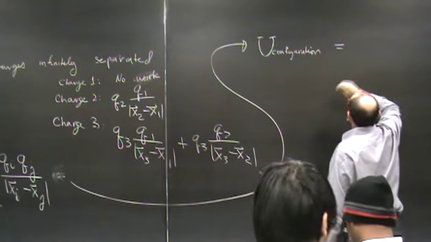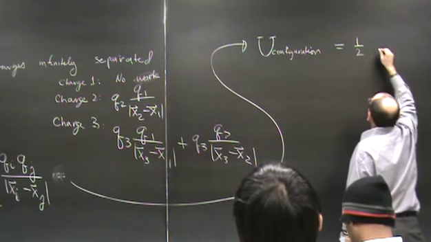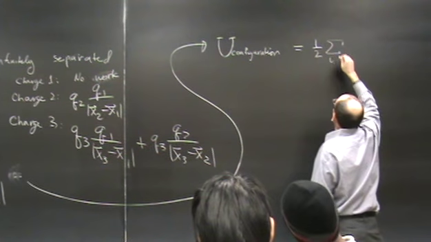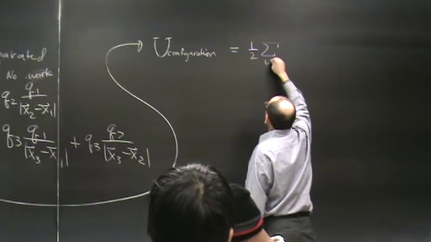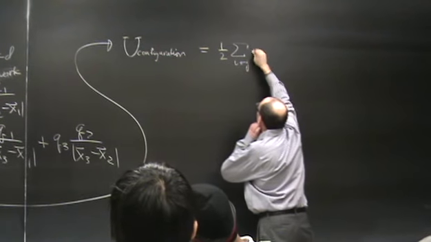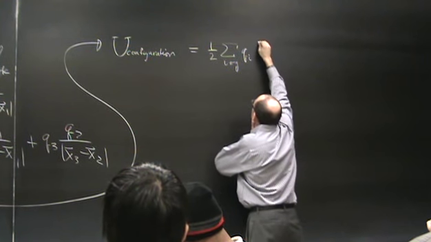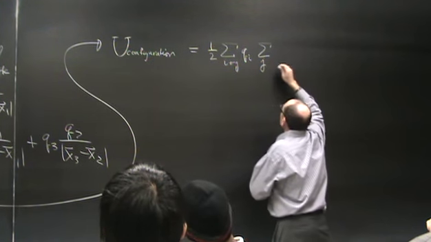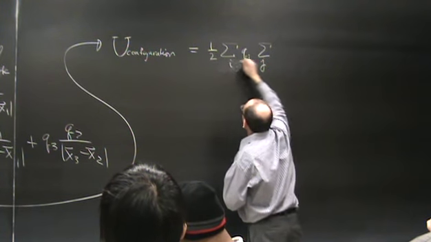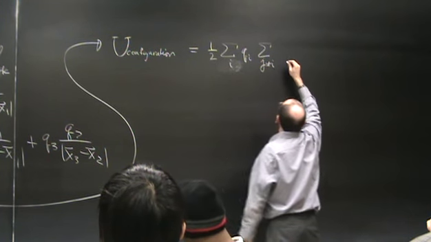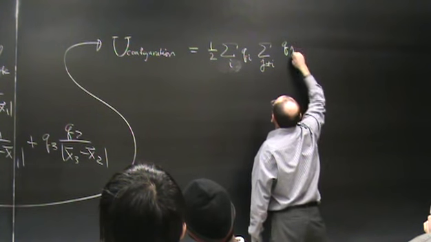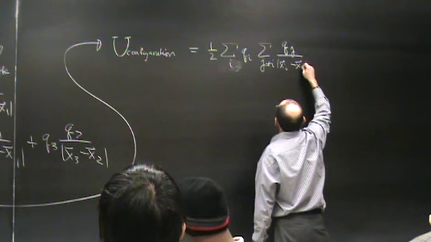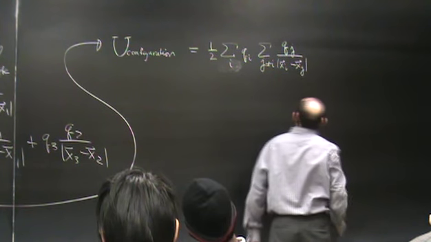This is equal to 1/2 the sum over i, Q sub i, sum over j not equal to i of Q j over |xi minus xj|.